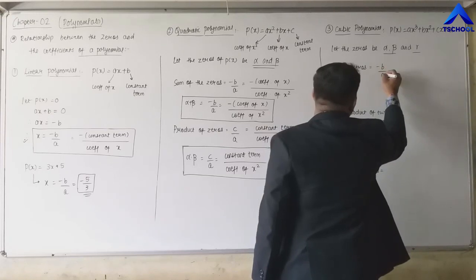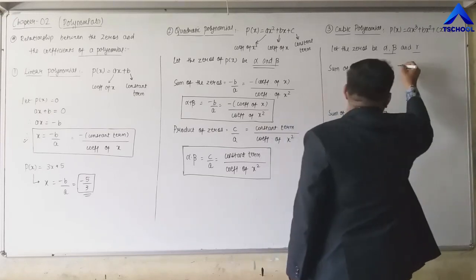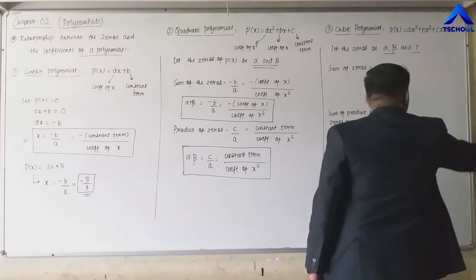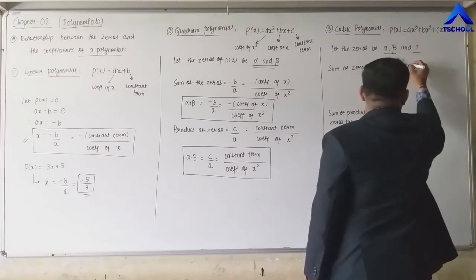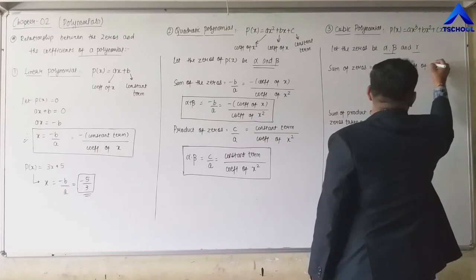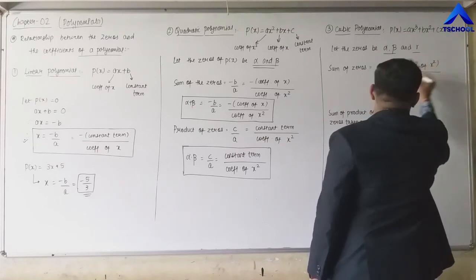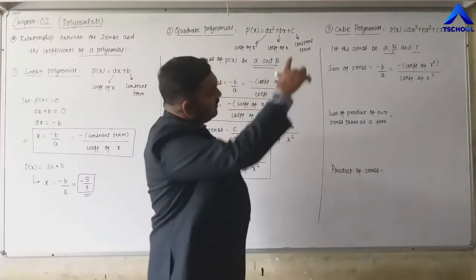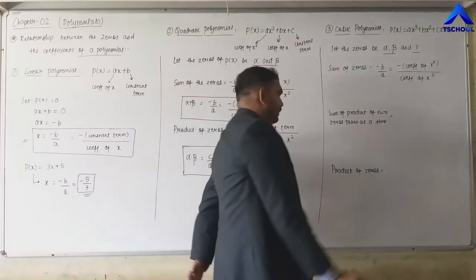So first of all, let us discuss the sum of the zeros. That is minus b by a, that is minus the coefficient of x square divided by the coefficient of x cube. You can take this out from the given polynomial, right?